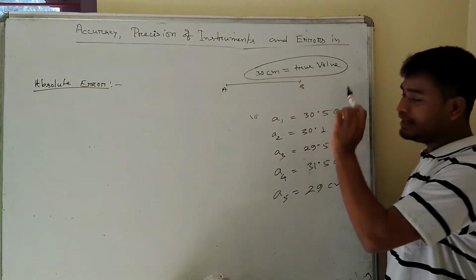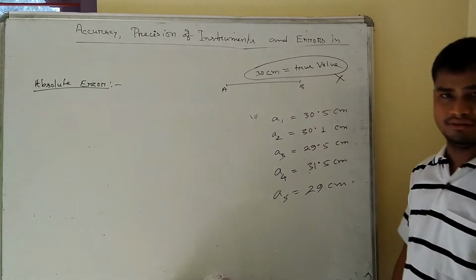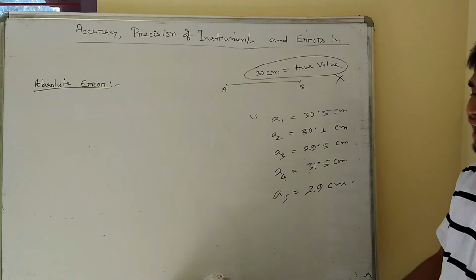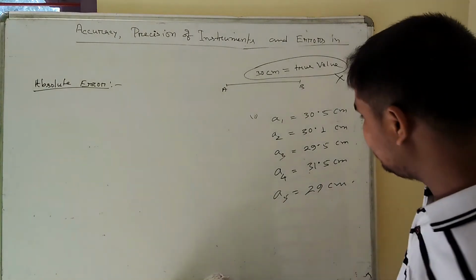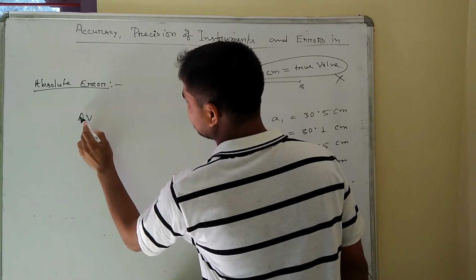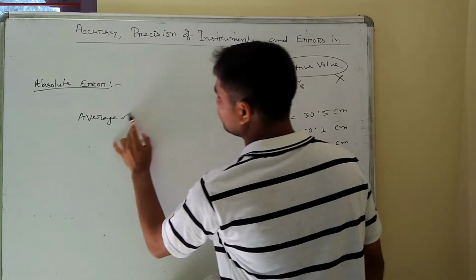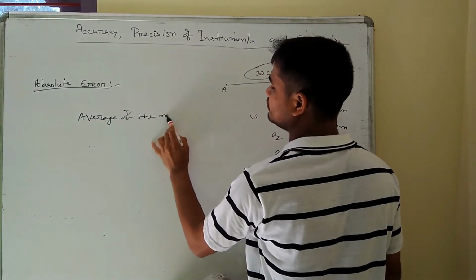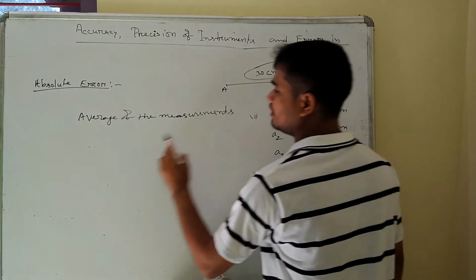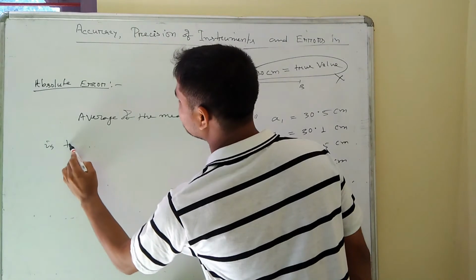Next one. If this true value is not given to you, then how can you find the true value? Then you have to find the average of the measurements. The average of the measurements is the true value.